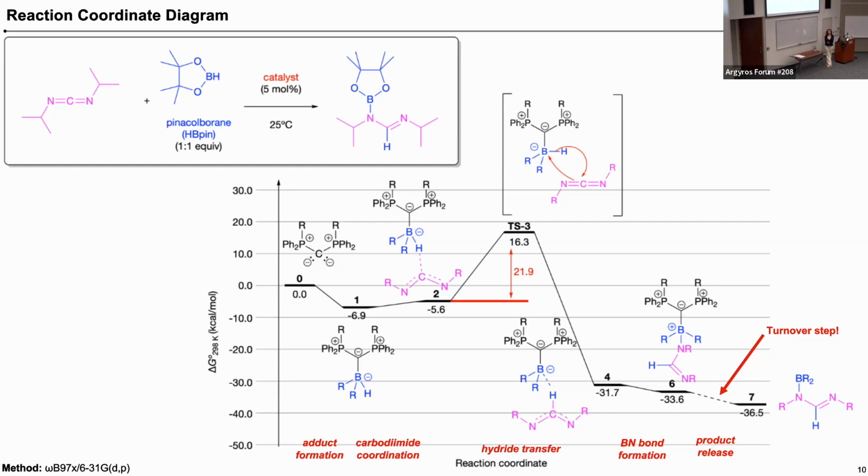I'm intrigued about the turnover step there and the experimental work that's already been done. How do they compare? Well, I haven't looked into the experimental work that closely, but we did see that the carbodiphosphoranes were experimentally really successful, which does align with this showing the negative turnover step.